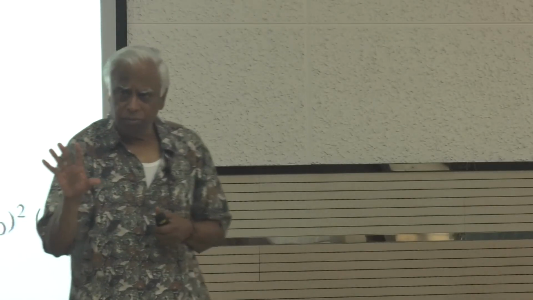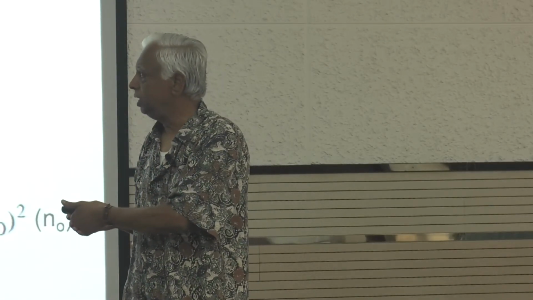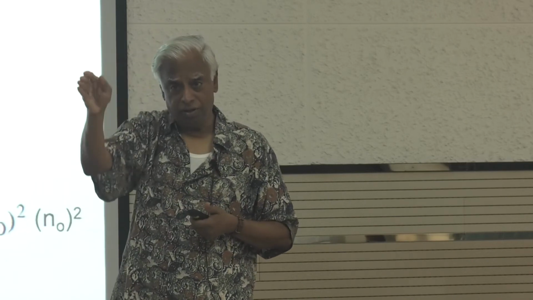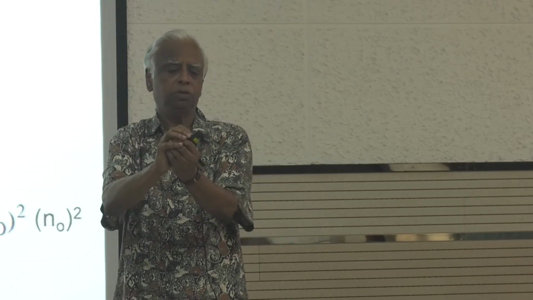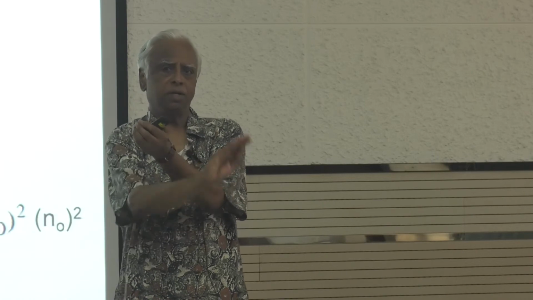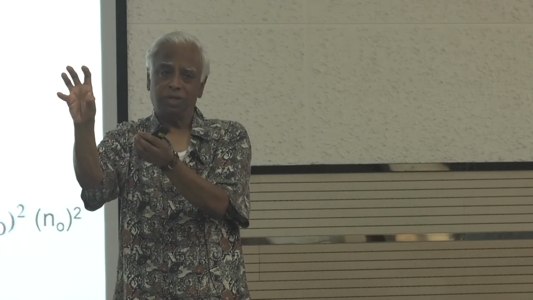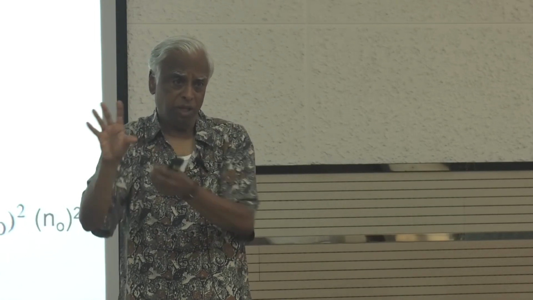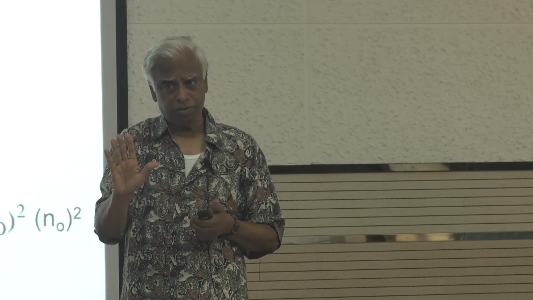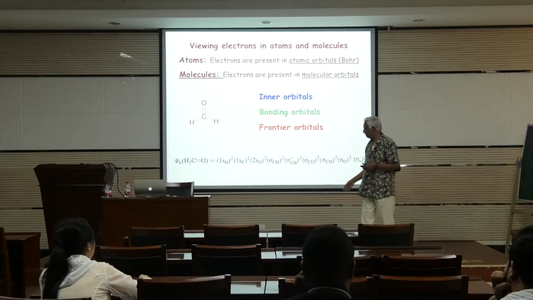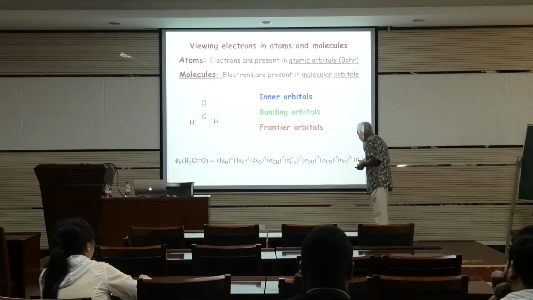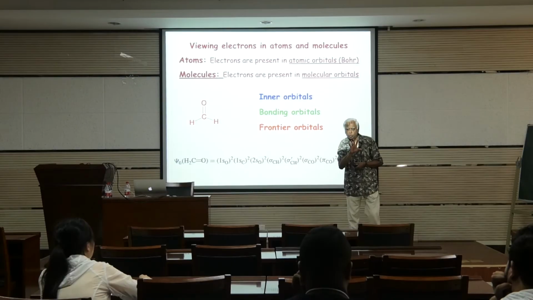Those are not involved in bonding between carbon and oxygen, but they are outer shell. So there are some electrons outside, and those are the non-bonding orbitals. The most important orbitals for our purpose are only the non-bonding orbital and the pi orbital. So we will focus only on those.